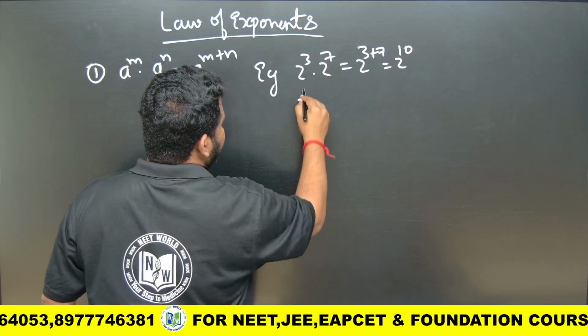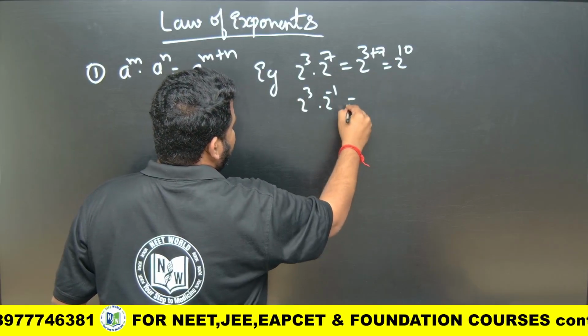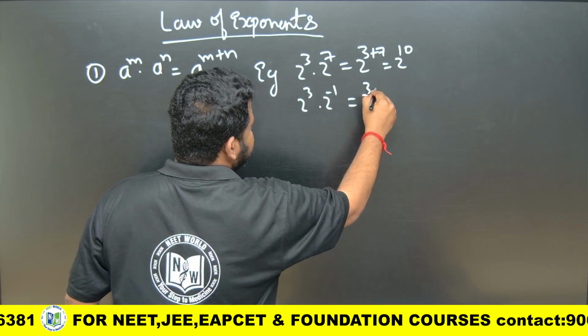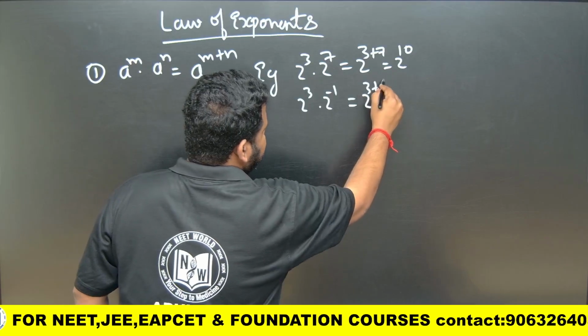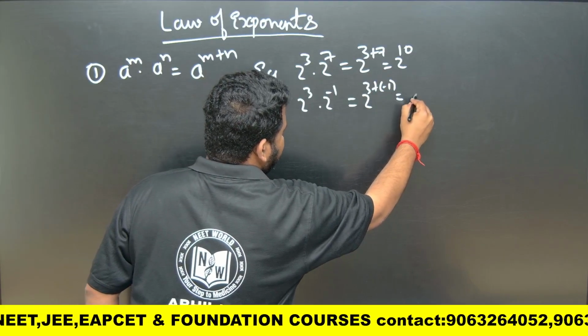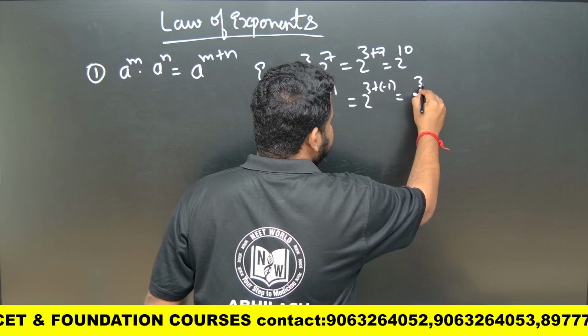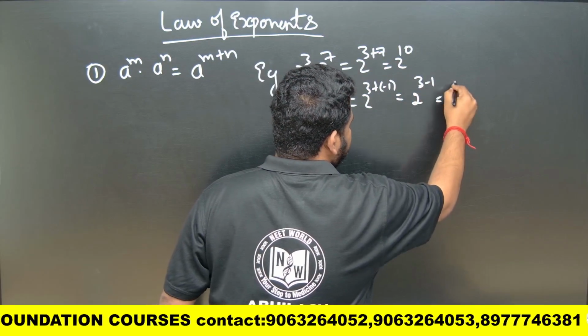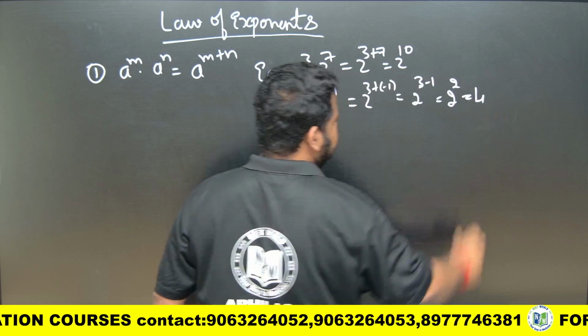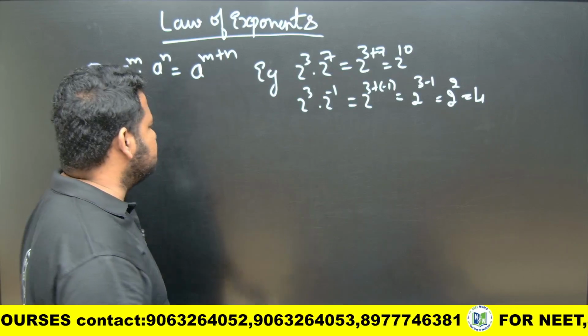Or if it is 2 power 3 into 2 power minus 1, I can write 2 power 3 plus minus 1. Plus into minus is minus, so 2 power 3 minus 1, that becomes 2 power 2, which is nothing but 4. Clear? Like this you have to solve this question.